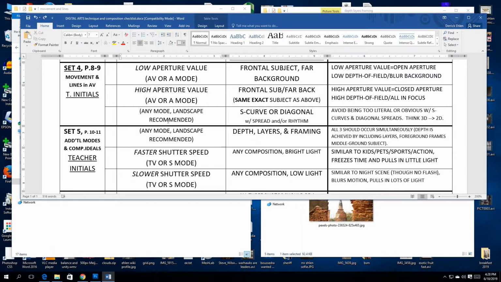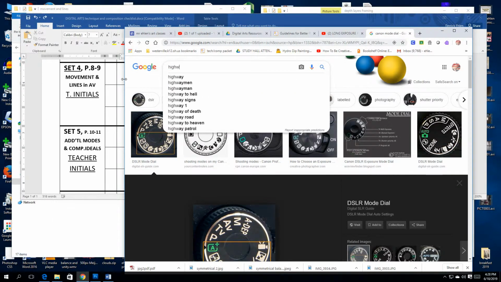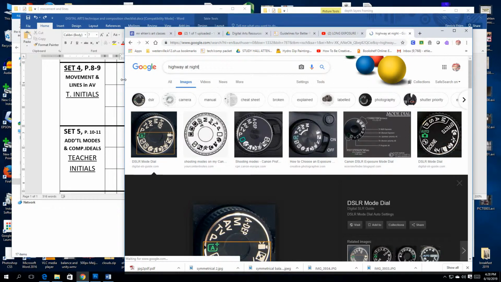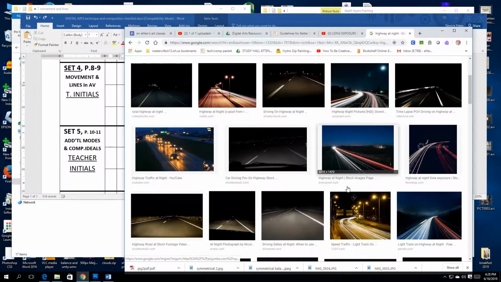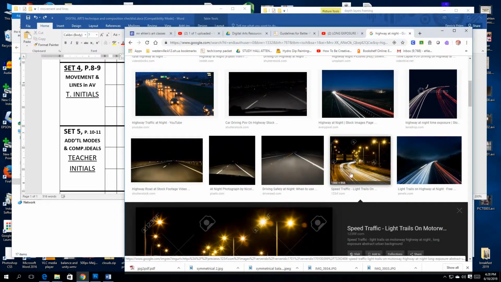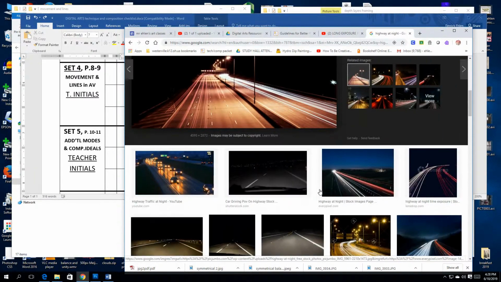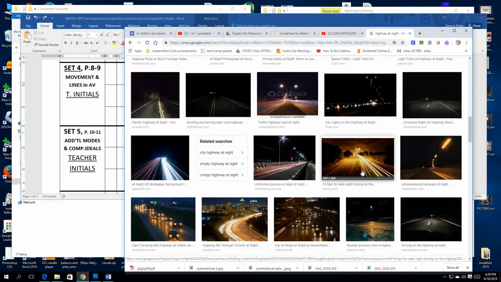The reverse of that is slow shutter speed, in which we tend to blur motion. So if I just kind of type that into Google, in fact, here I'll type highway at night. So these photos, we do something similar to this in class using lightsabers in the gym, where I turn off all the lights, and we don't fight, so don't worry if you miss it.